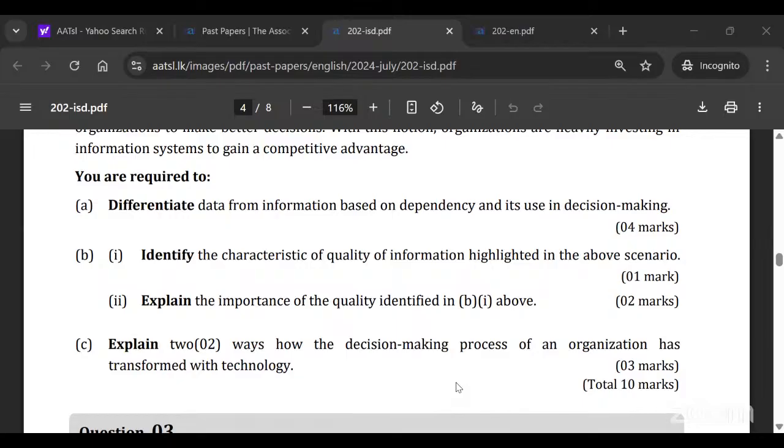As an example, an AI-powered system in the finance industry can automatically process loan applications based on preset criteria, speeding up the decision-making process and reducing human error. Right? That is question 1.